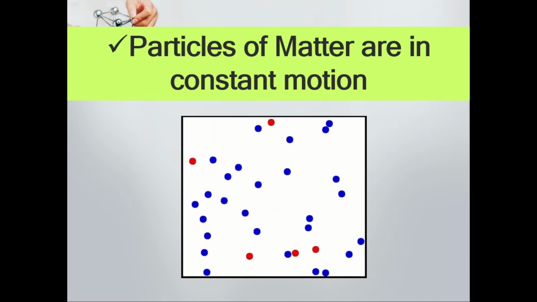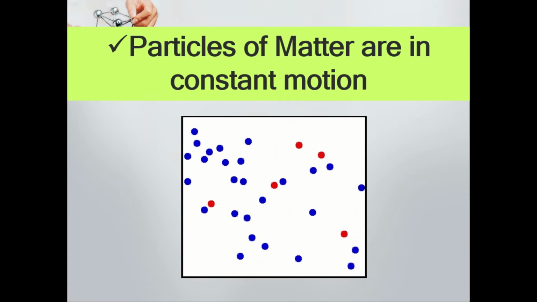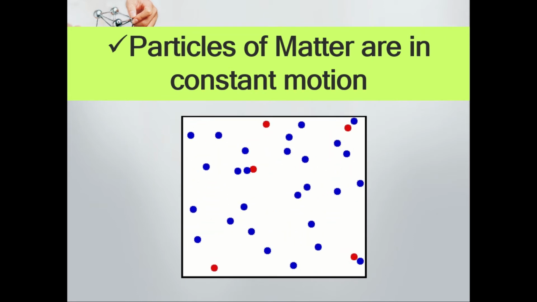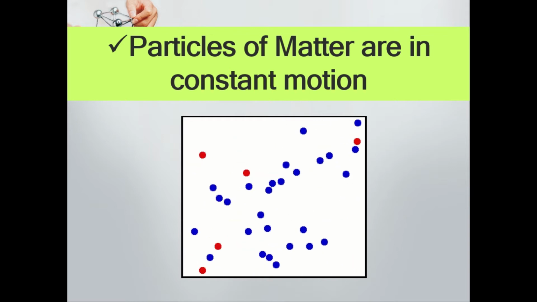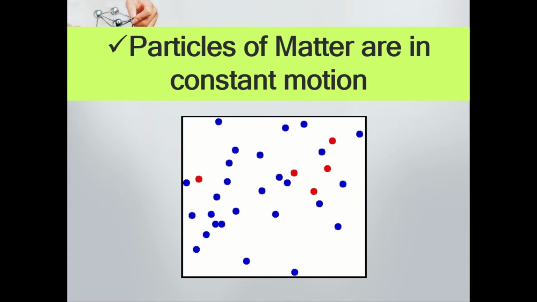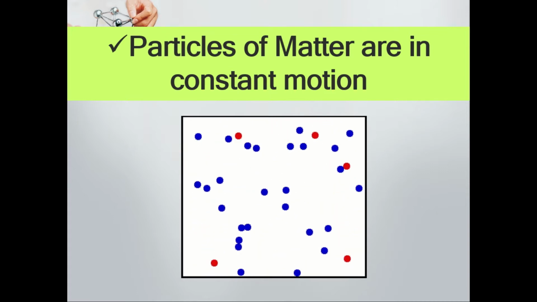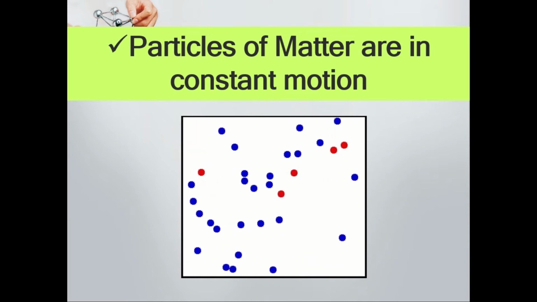An example of this is when you're in a room and someone sprays a perfume. Of course, the smell in the form of vapor or gas will travel within the room. That's how we can observe that the particles of matter are in constant motion. It's because, again, the particles of the perfume have energy.